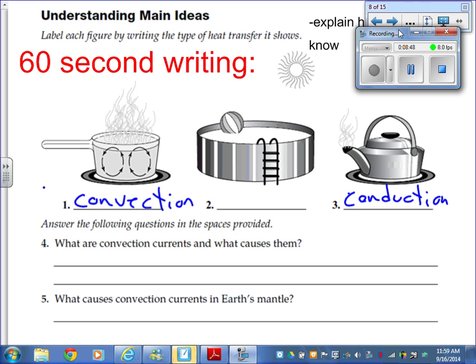Conduction, and it's really not the best picture in the world, but if the burner is hot and it's touching the tea kettle, and the tea kettle is touching the water, that's how it's heating up. And then this one, the swimming pool, is being heated by the sun. The sun is obviously not touching the swimming pool. We're going to go over this and this in the next thing here.